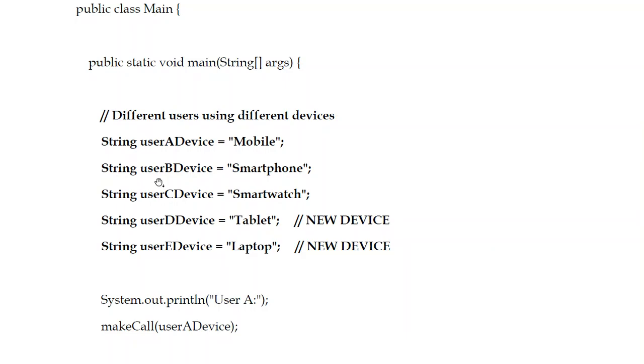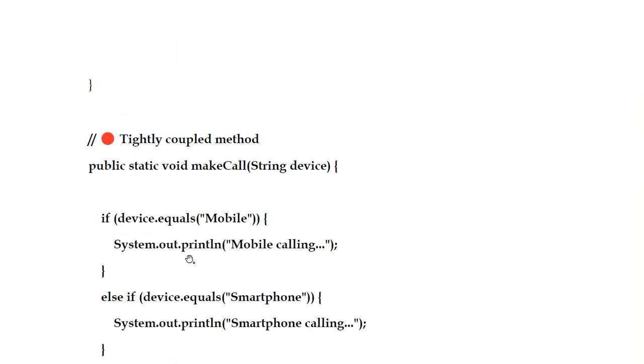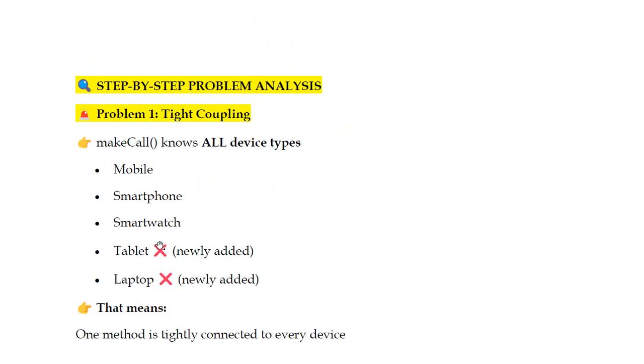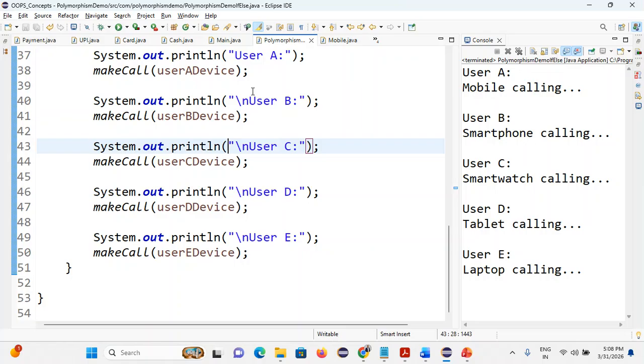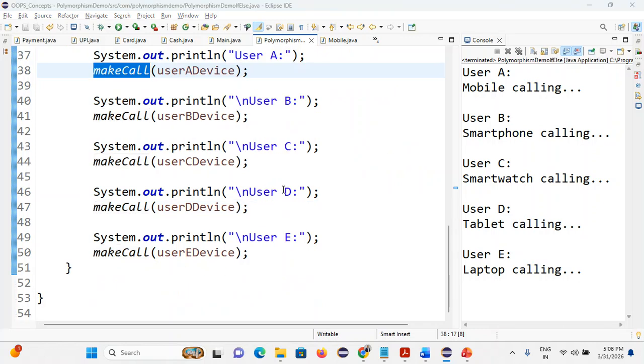So what is happening here, and why am I telling you it is tight coupling? See here, this is the tightly coupled method. I'll tell you the reason. Make call knows all device types here. The make call method knows all device types, mobile, smartphone, whatever it is.